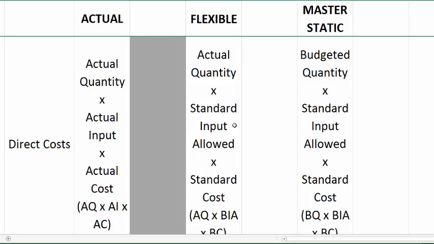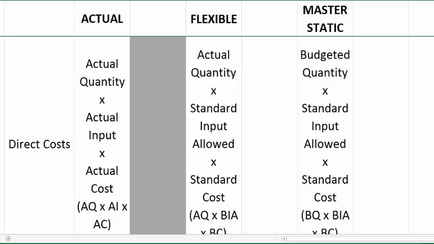What was it we were expecting to put in? So standard input allowed. And then multiplying it times what we expected that to cost us per unit, per pound, per hour. So therefore you're getting actual quantity times the budgeted input allowed times the budgeted cost.